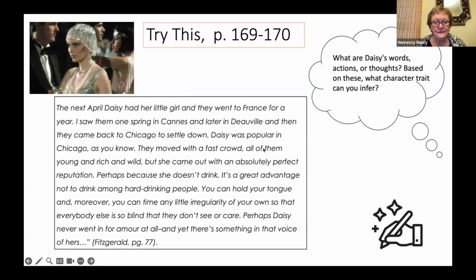Okay. There you go. Not drinking. So we're starting to see some things come in. Worldly, traveling around, not drinking amongst hard drinking people. She's careful, she's cautious. I love that adjective, savvy, cares about how others perceive her. She's cautious, she's discreet.